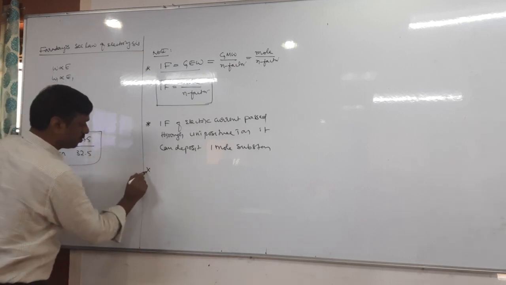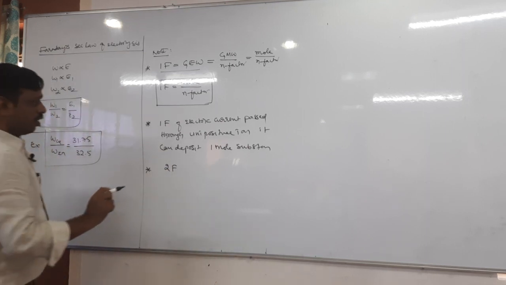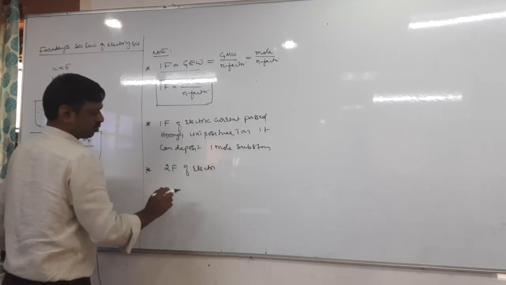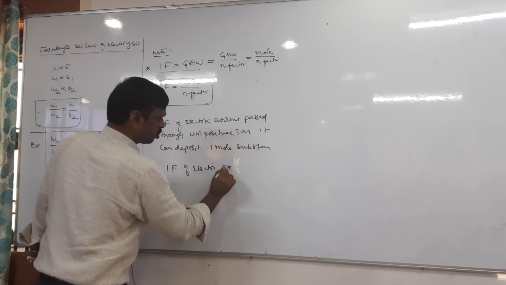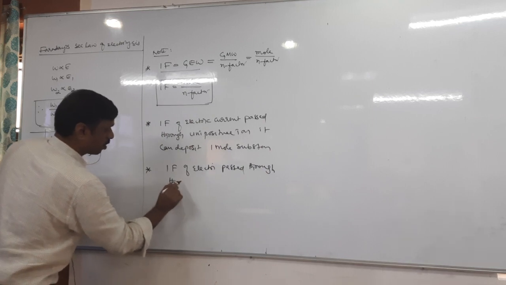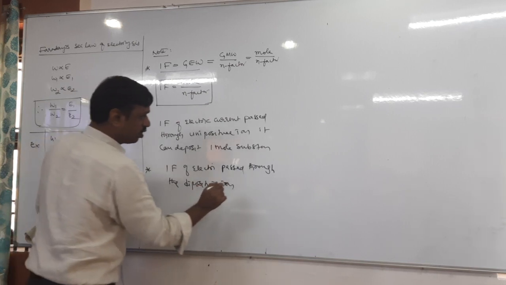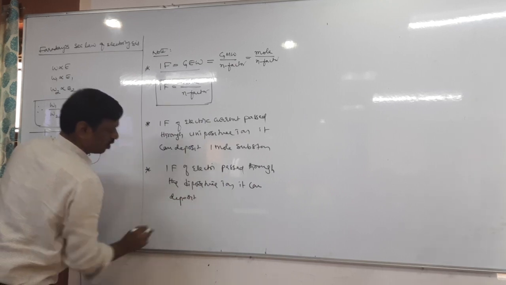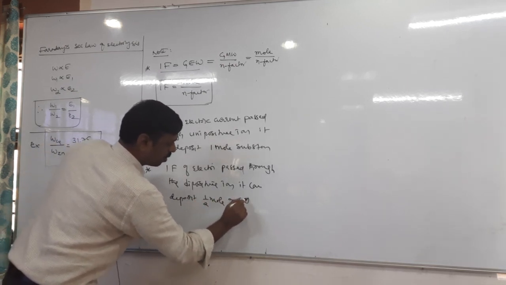Similarly, this is very, very important, try to understand. 1 Faraday of electric current passed through the dipositive ion can deposit how much? Half mole of substance. Why?